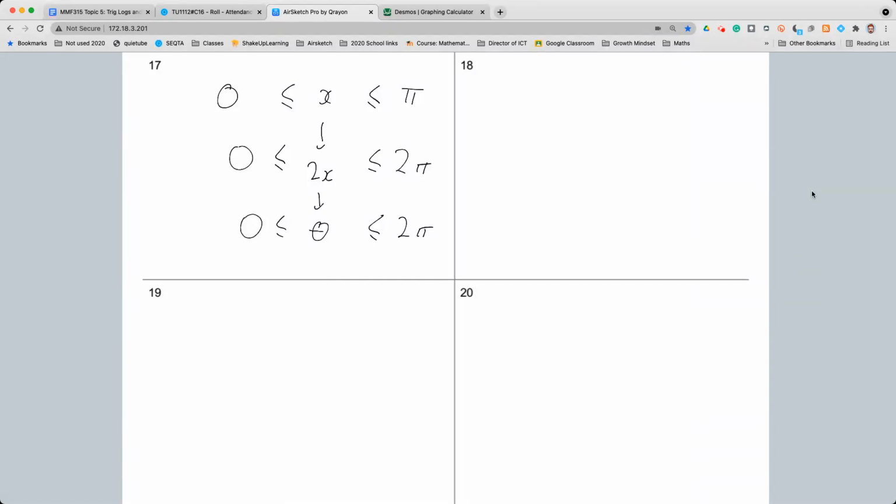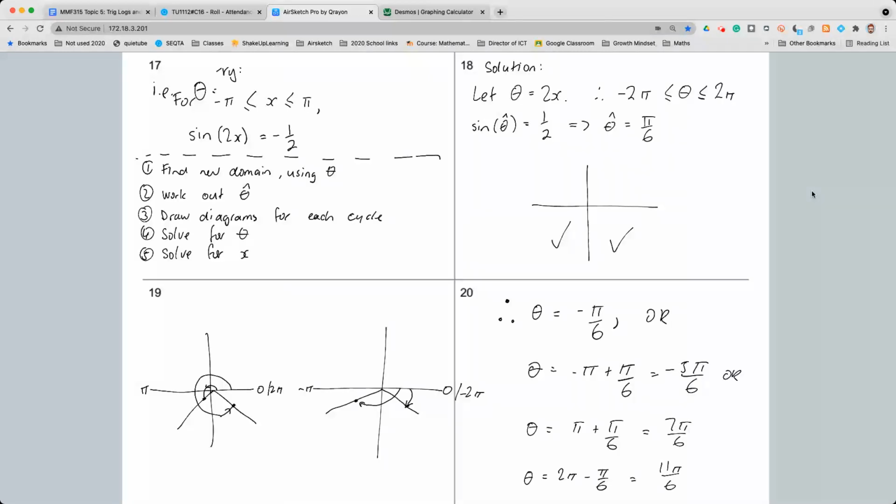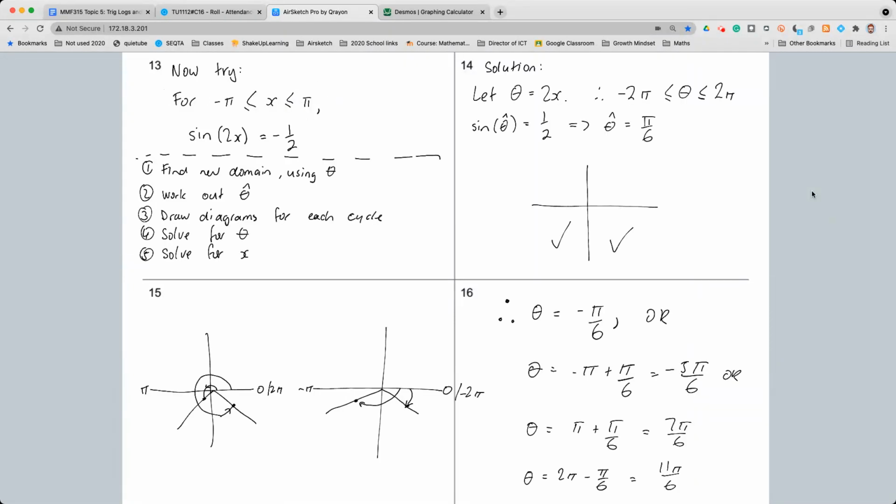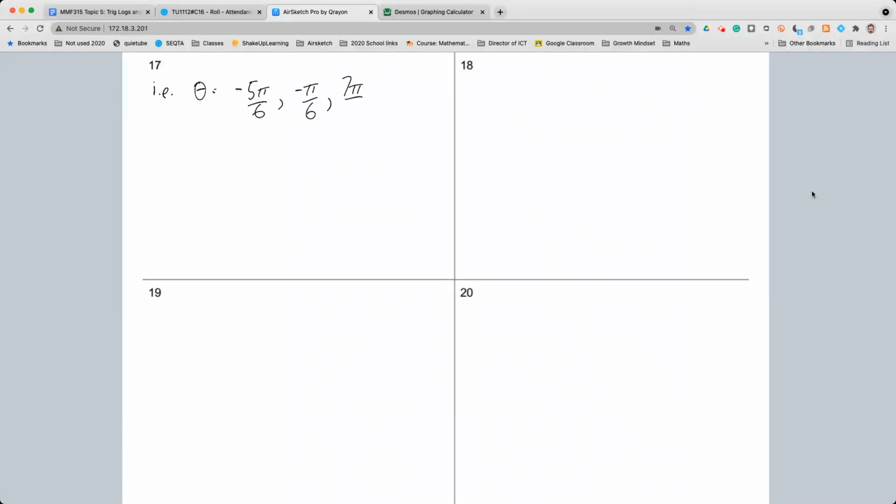So I'll just list those. I.e. theta equals, I'll list them in order as well now. So the smallest one is minus 5 pi on 6, comma, minus pi on 6, comma, then I've got 7 pi on 6 and 11 pi on 6, like so.